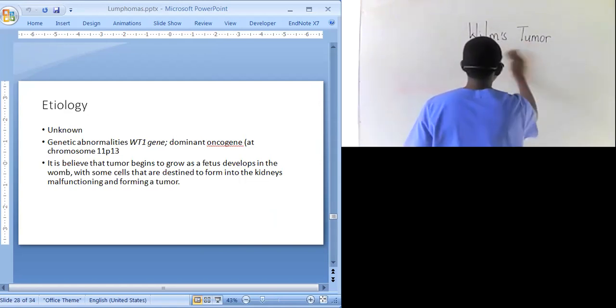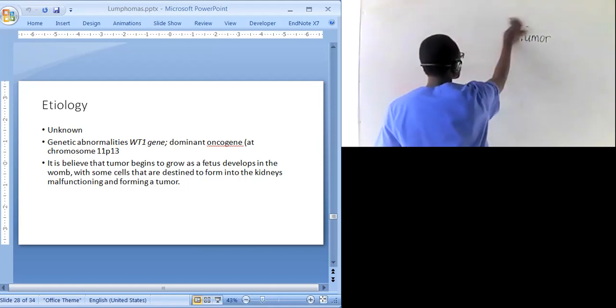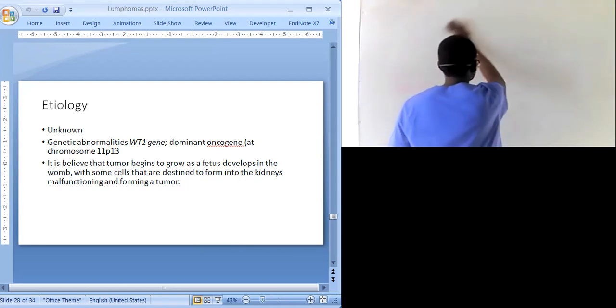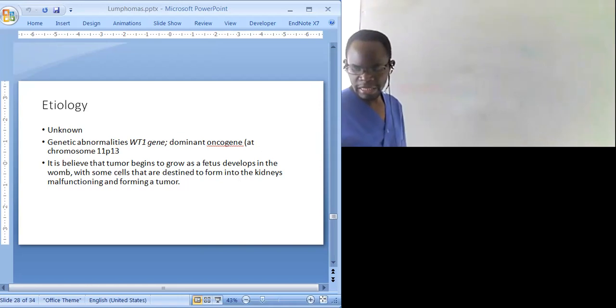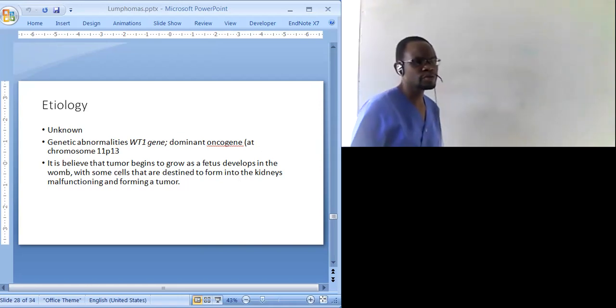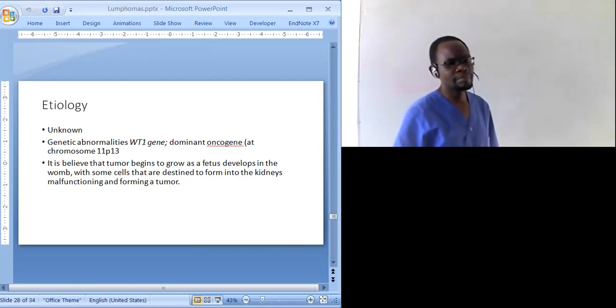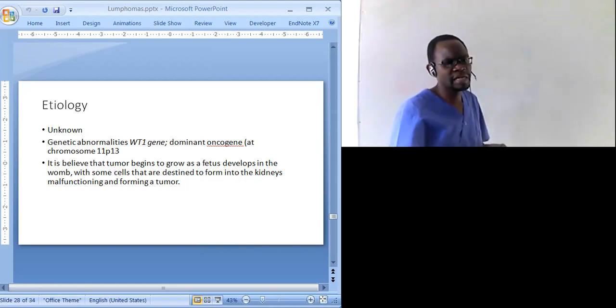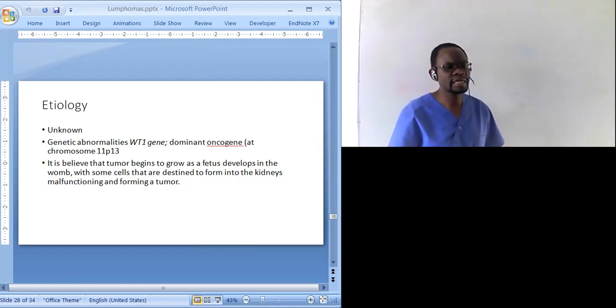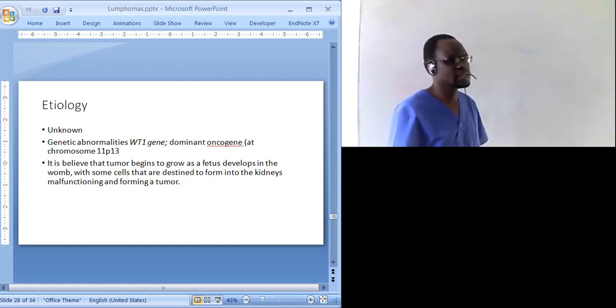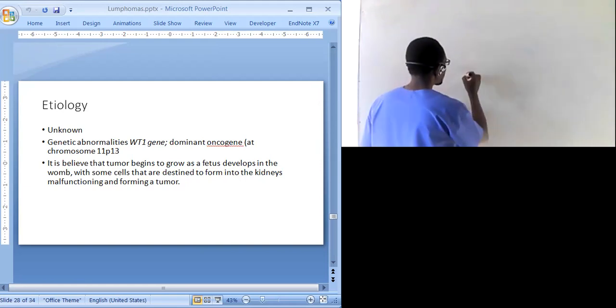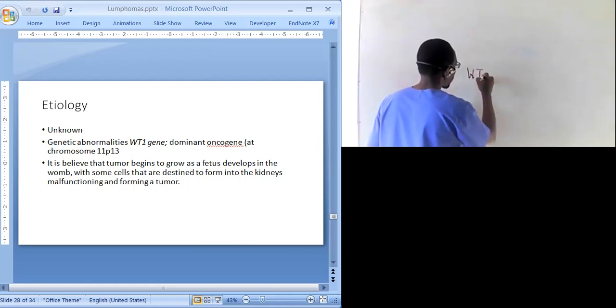Now, Wilms tumor, there is no known cause. However, genetic mutation is looked at, especially abnormalities in the genes, specifically WT1.